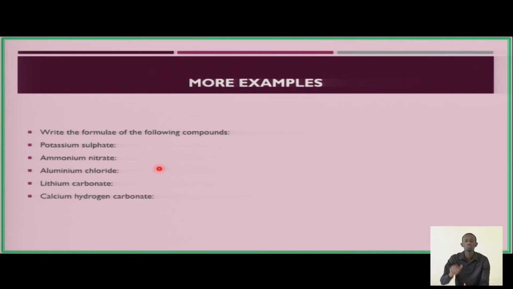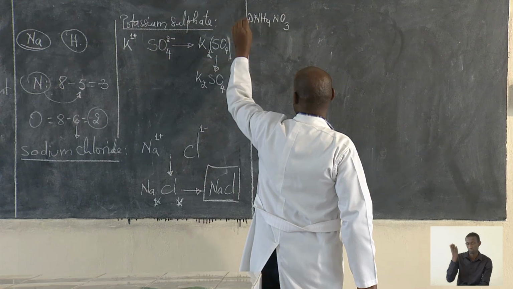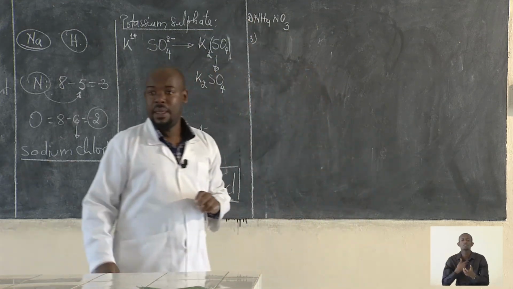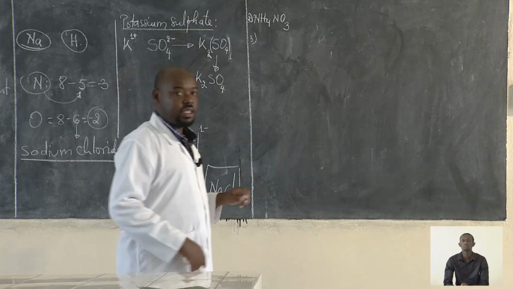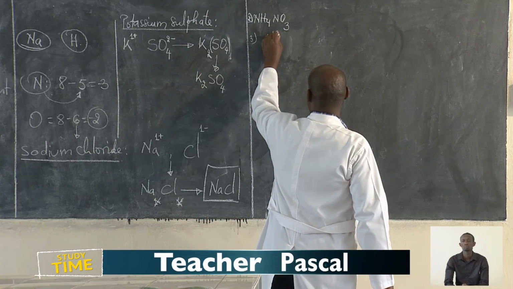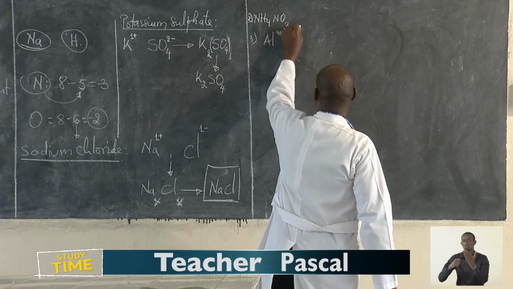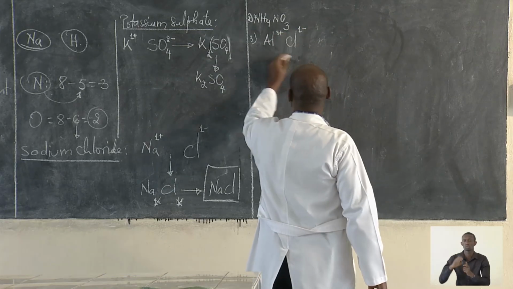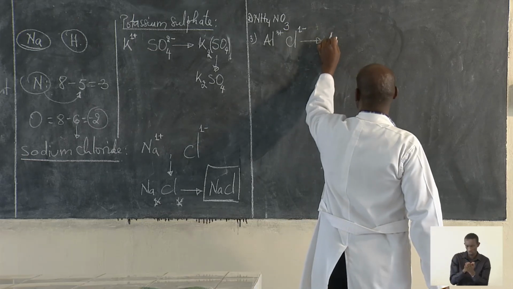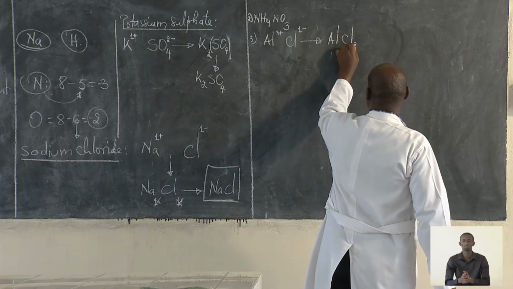Aluminium chloride. So let's try this. We have ammonium nitrate, it's this one, number 2. Number 3, we have aluminium chloride. This is aluminium with 3 positive, the chloride with 1 negative, and if you interchange, what you get will be aluminium with 3 here.